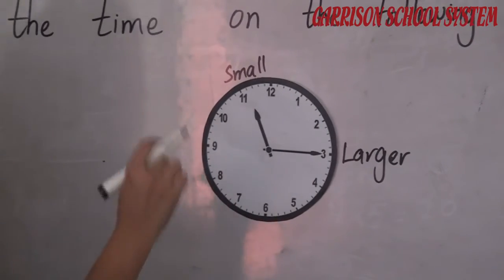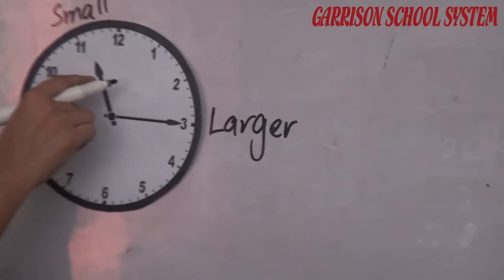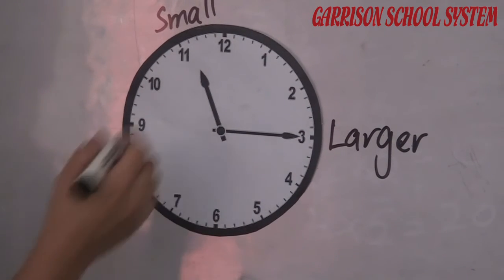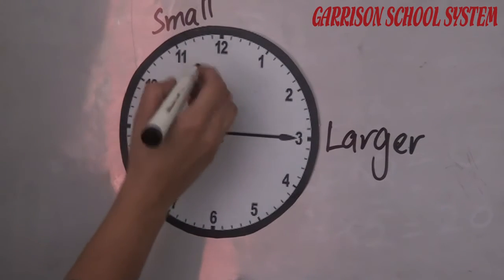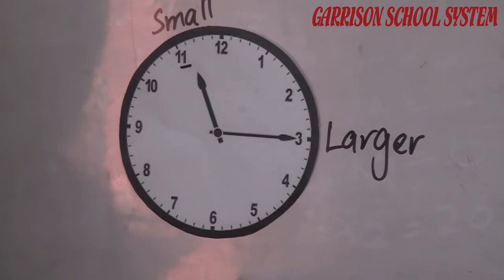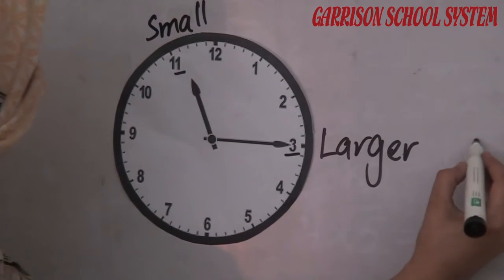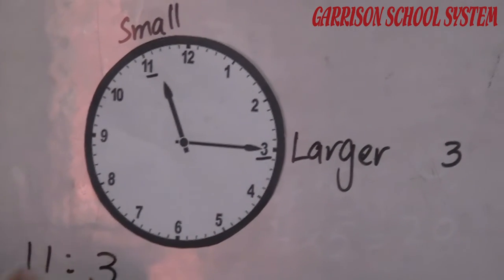Now we have to observe which number the small hand is pointing at. The small hand is at number 11. Small hand is pointing number 11. And larger hand is at the number 3. So our time is 11:3. No, not 11:3.